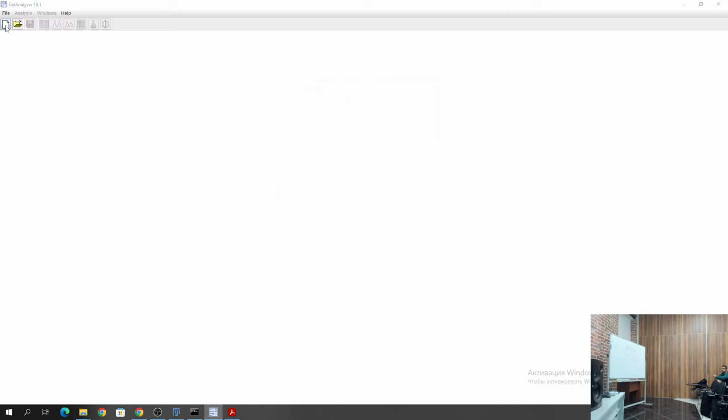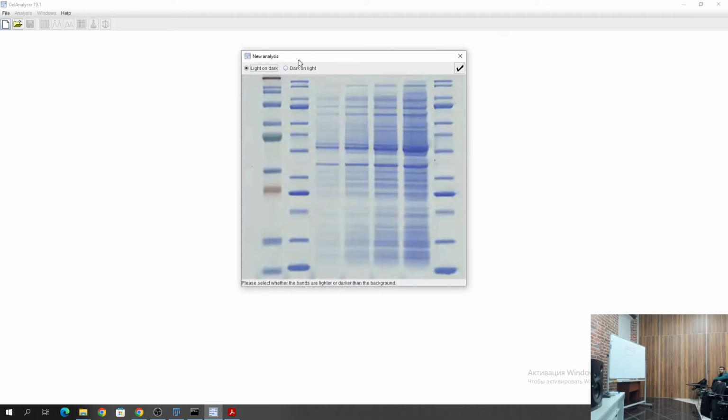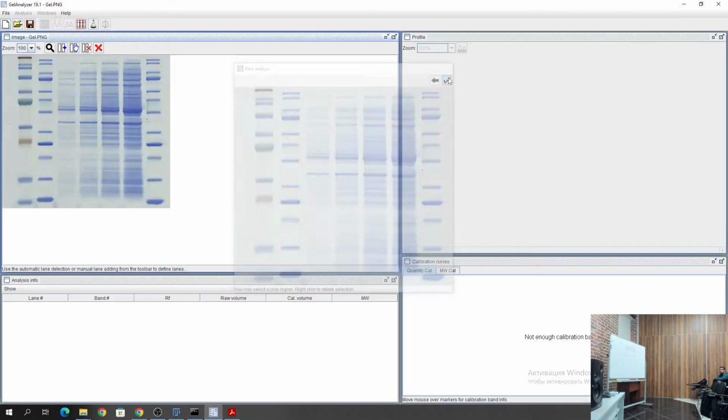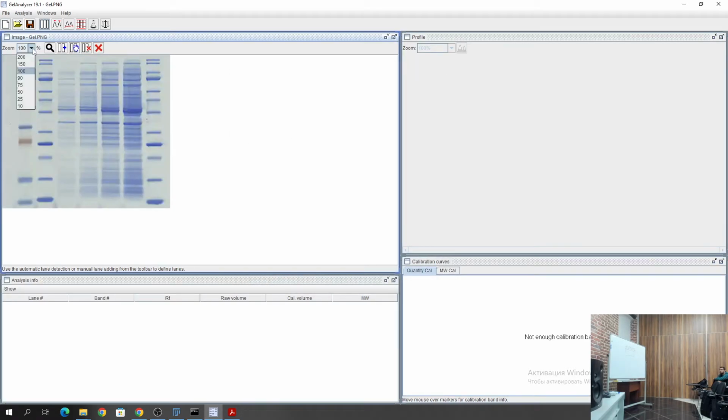Let's just open a gel here. First, the program asks whether it's light blobs on a dark background for fluorescent gels or vice versa. We have dark spots on a white background. We can rotate it, shear it, or cut some part of it, but it's okay. We can crop it, but we don't need to crop it, right?